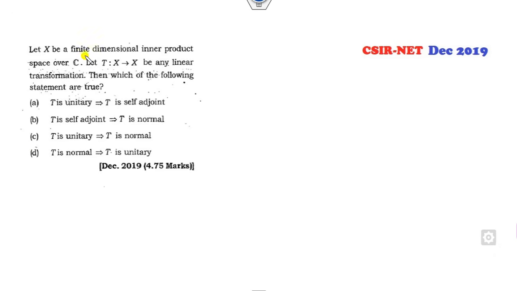Okay, look at this another one. X is a finite dimensional space over C. Any linear transformation here. I think this is simple. First of all, normal, unitary, self-adjoint. So I can first quickly write for you. What is the meaning of unitary? T star of T and T of T star, unitary, that is 1.